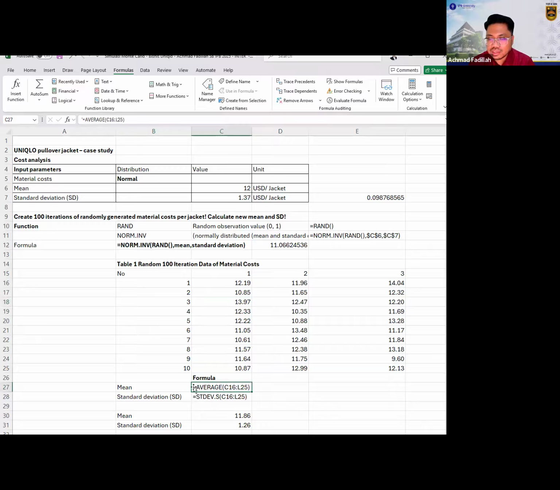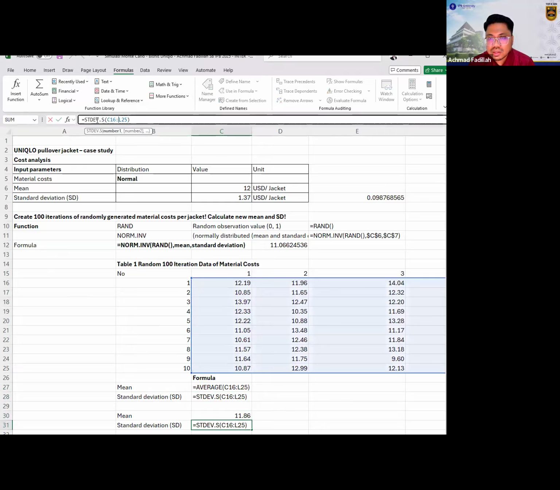Just put the average here, the average of all these 100 iterations. And you can also calculate the standard deviation, but with the .S.